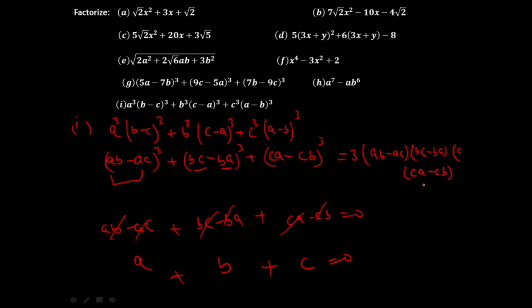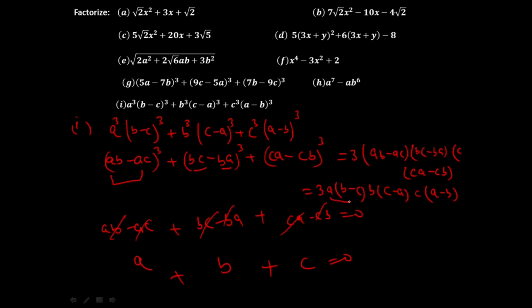Now what is common in this one? A is common. The pending part is b minus c. What is common from here? Here b is common. The pending part is c minus a. And what is common here? The common is c here. What is left? A minus b.